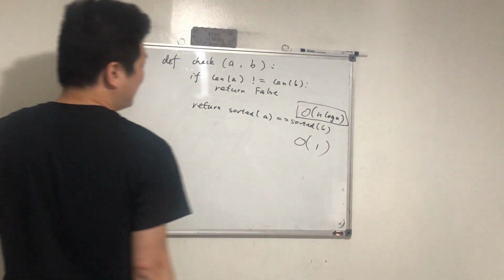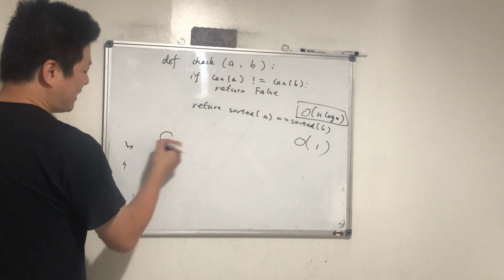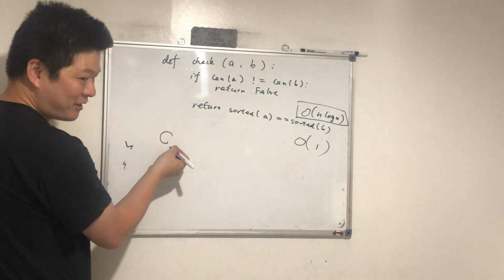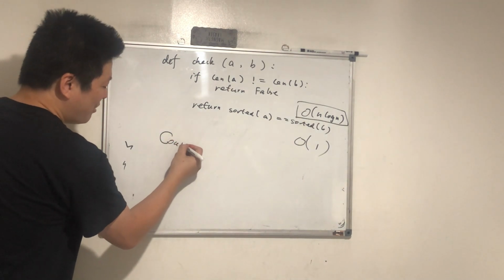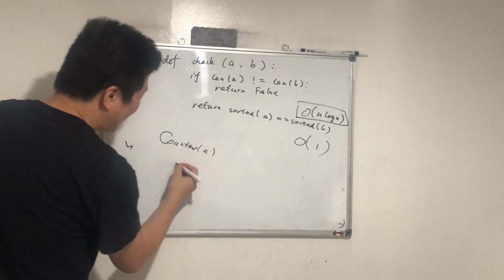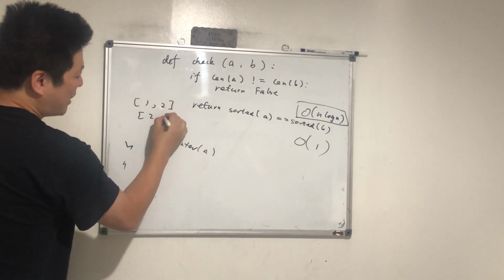Another approach: remember we talked about using a counter a lot? If we use Counter on A, say it looks like 1, 2, and the other one is 2, 1.